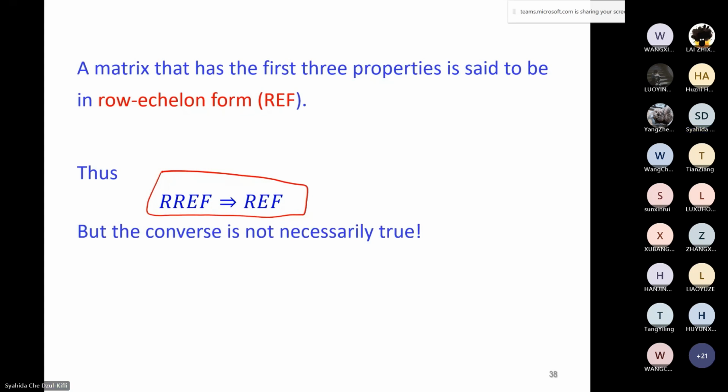This symbol is implies, the implication that you learn in fundamentals of mathematics.